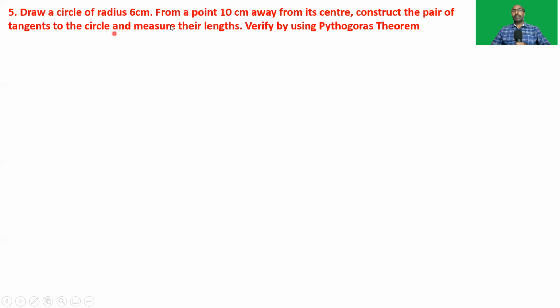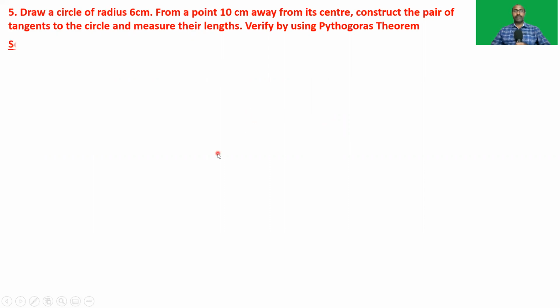As this distance is greater than the radius, the point lies outside the circle. Now we have to construct the pair of tangents from this point, and after drawing the tangents, we have to measure their lengths and also verify using the Pythagoras theorem.